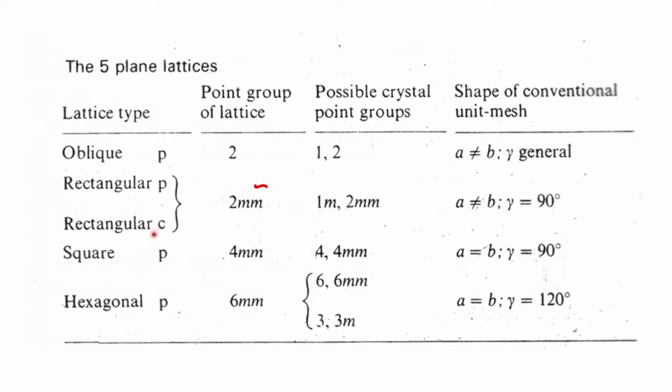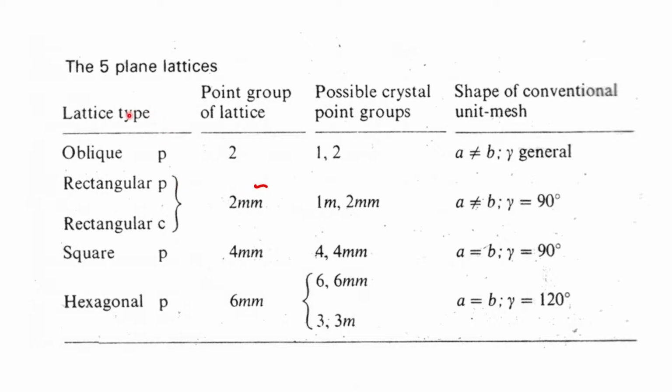The small p and the small c tell us that these belong to now two-dimensional lattices. P represents a total lattice point of 1, C represents a total lattice point of 2. So the number of lattice points in a rectangular C is 2. The point group symmetry is different from the number of lattice points in the lattice.